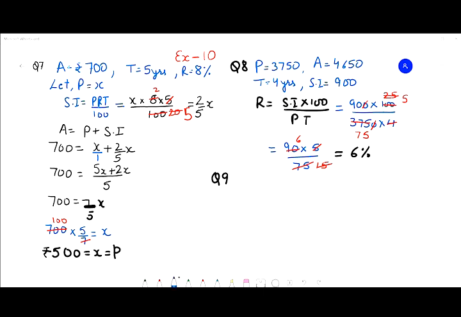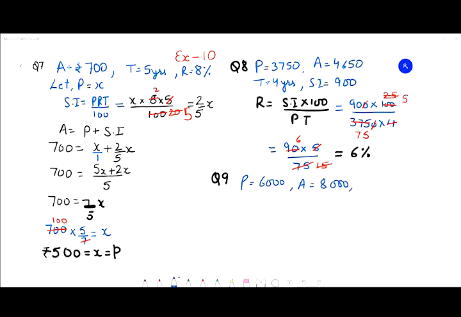They are saying that in 4 years, 6,000 amounts to 8,000. From here I have to find out the rate of interest. That means P given to me is 6,000. Amount given to me is 8,000.